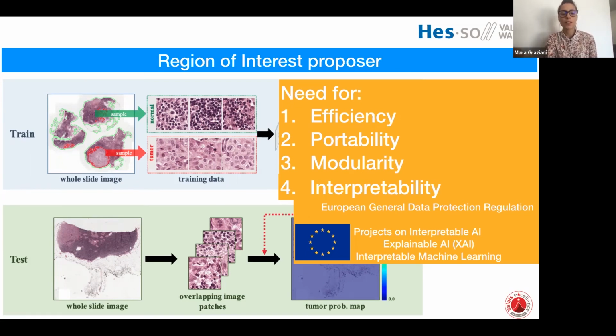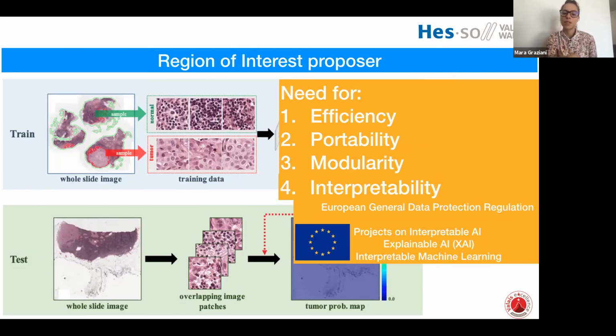The third point is that one might actually not need to replicate exactly the same pipeline. So we needed modularity to allow future researchers to interchange bits and pieces and reuse only the parts that they needed. And finally, we cared a lot about the interpretability aspect of the application.